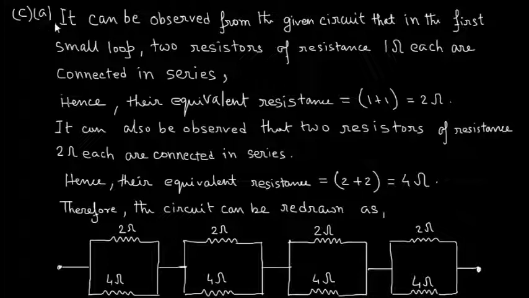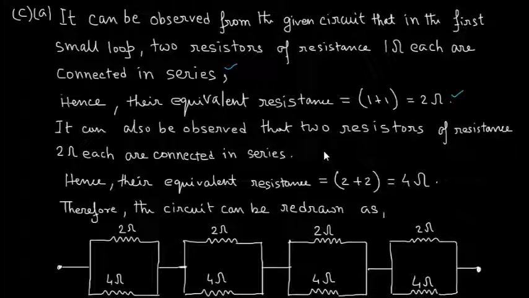Part A. It can be observed from the given circuit that in the first small loop, two resistors of resistance 1 ohm each are connected in series. Hence, their equivalent resistance is equal to 1 plus 1, that is 2 ohm.